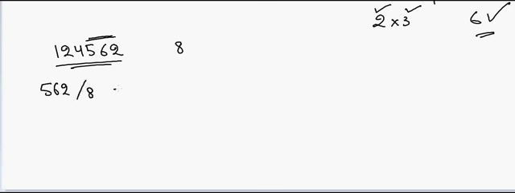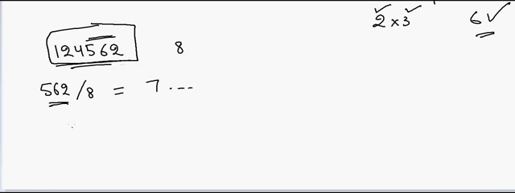So if we divide it by 8, then from this I can see that 7 and then something which is not divisible by 8. So this number is not divisible by 8. So this whole number should not be divisible by 8.